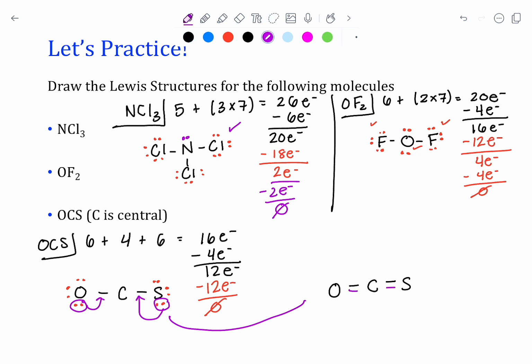Those now have double bonds, and I now have 2 lone pairs on my sulfur and my oxygen. That doesn't change my octet because the oxygen still has 8, the sulfur still has 8, and the carbon now has 8. So my final structure of OCS is O double bond C double bond S, with oxygen and sulfur both having 2 lone pairs. So that's my final structure.